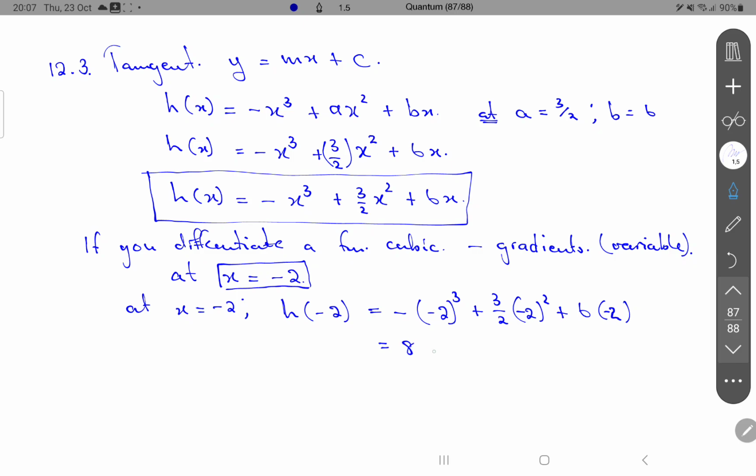Then here it cancels, and you get a plus 6, and then you also get a negative 12. So we get 2. So it's actually at (-2, 2). That is the coordinate the tangent is going to pass through.